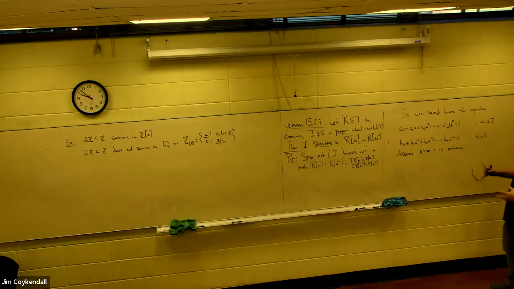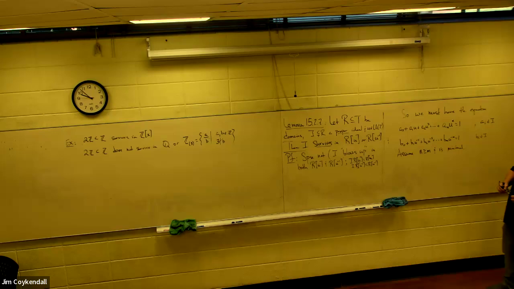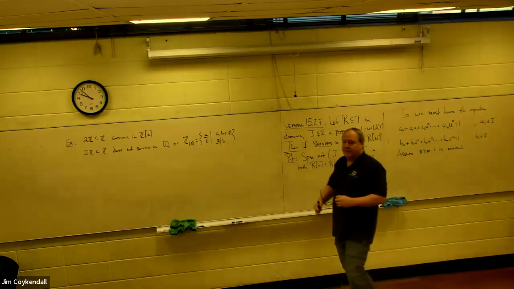Now, I'm going to massage these equations, and I'm going to contradict the minimality of n. I'm going to find a smaller equation that works, using the fact that these are negative powers, positive powers, and so forth. So you might think about how that's done, and we'll spoil it for you tomorrow. Well, Friday. Okay, any questions?